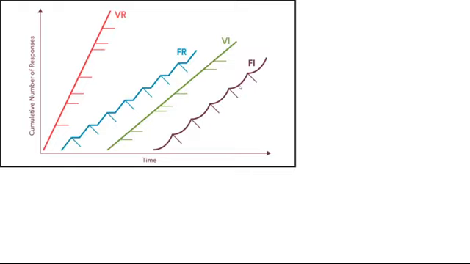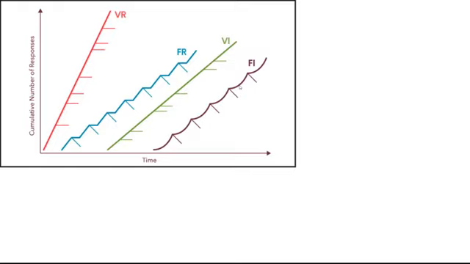So the next one over, our blue line, is for fixed ratio. And this line looks very, very different. Ratio means we're still looking at number of lever presses, but now it's fixed. So if a rat gets reinforcement, and it's, say, the standard, every 10th response they get food, if they just got food, they know that they have to press that lever 9 more times before they'll get a reinforced trial.